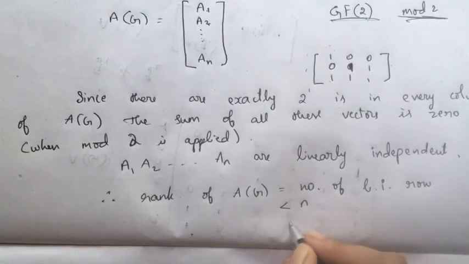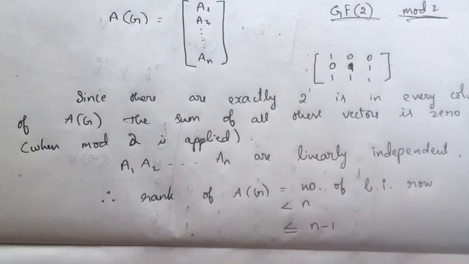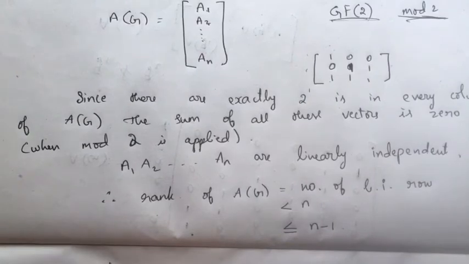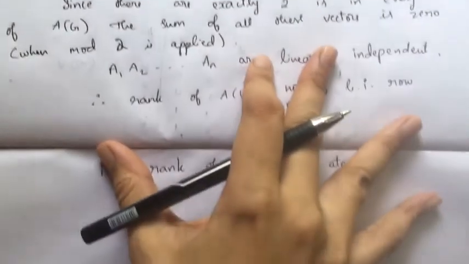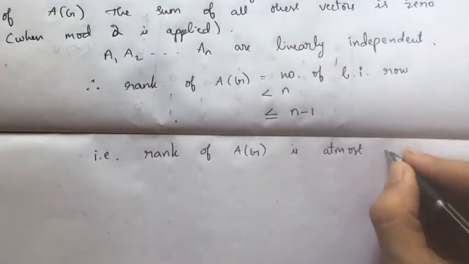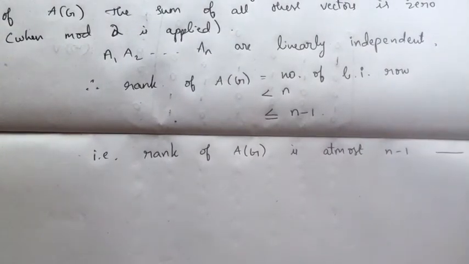I can even write it as less than or equal to n minus 1. What does it imply? The rank of A of G is at most n minus 1. Let me call this statement 1.